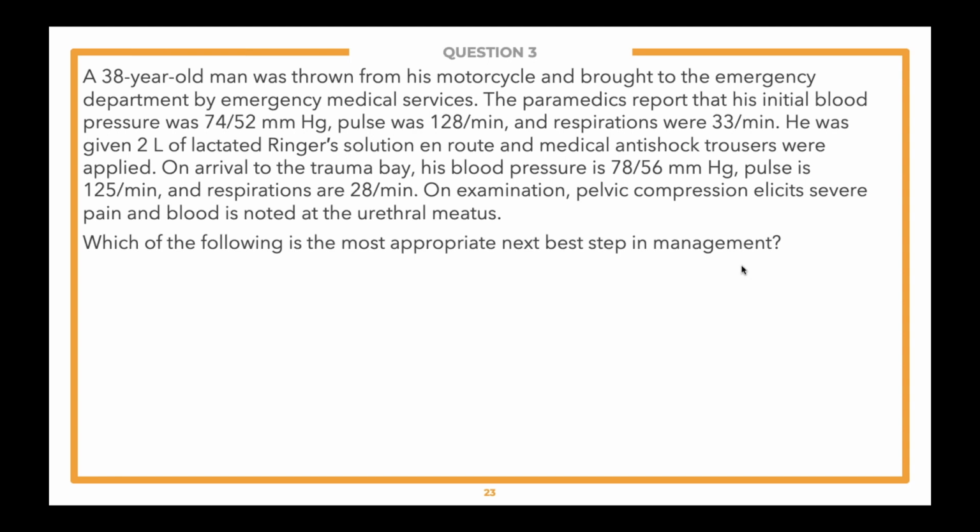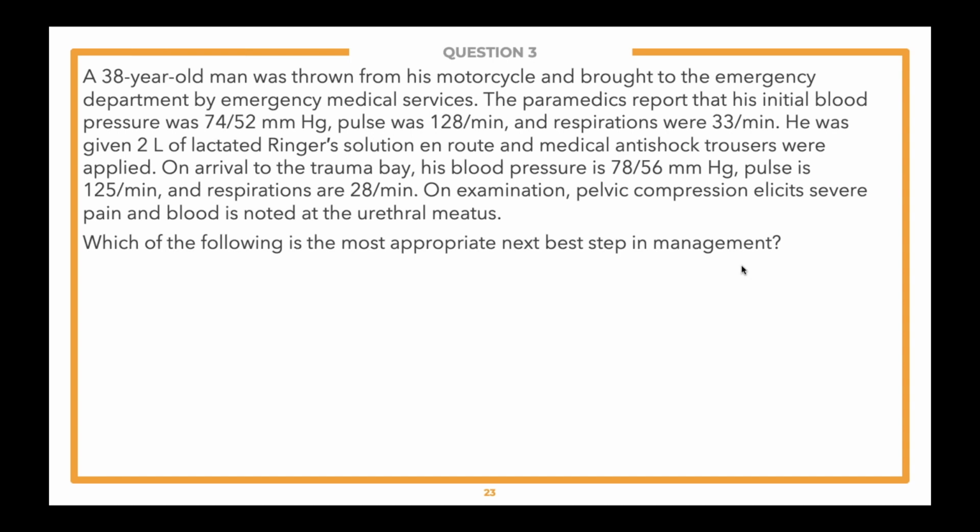A 38-year-old man was thrown from his motorcycle and brought to the emergency department by emergency medical services. The paramedics report that his initial blood pressure was 74/52. Pulse was 128 and respirations were 33. He was given 2 liters of lactated Ringer solution en route, and medical anti-shock trousers were applied.